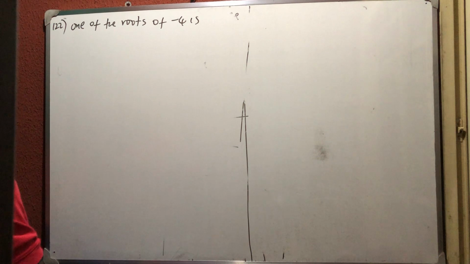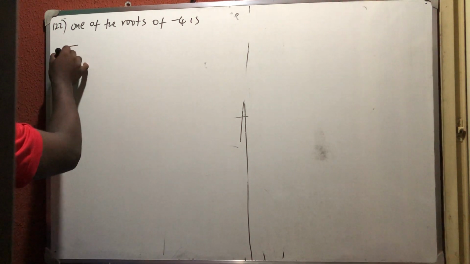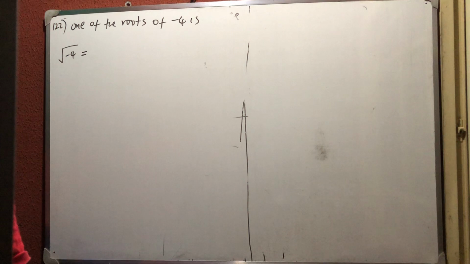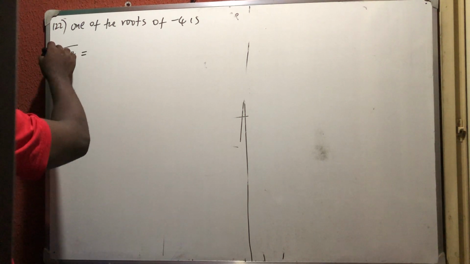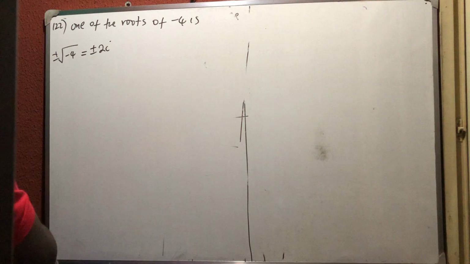Okay, so how do we get the roots of a complex number? That is what we need, the square root of minus 4. The square root of minus 4 is 2i. That is plus or minus 2i, is it not?